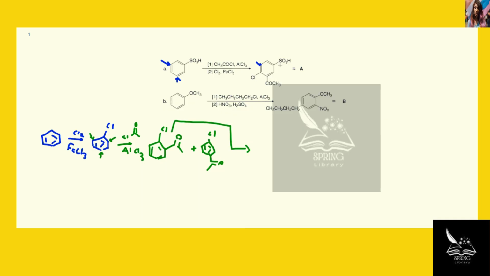And then we can add this SO3H. Why? Because we know that this carbonyl group is meta-directing, and this chlorine group is ortho and para-directing as well. So we get double direction on these 2 carbons here.